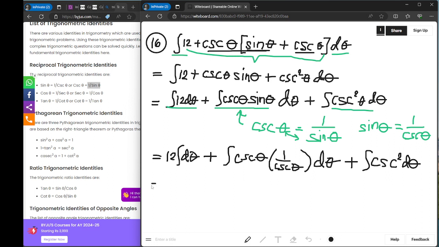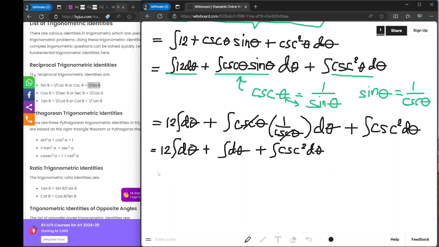Next, we will not integrate yet because there is a term here that we can simplify. Cosecant theta times 1 over cosecant theta cancels out, so what is left is 1. That would be 1 d theta plus the integral of cosecant squared d theta. Here we can now integrate each of these terms.